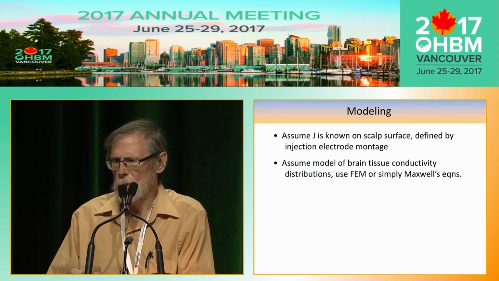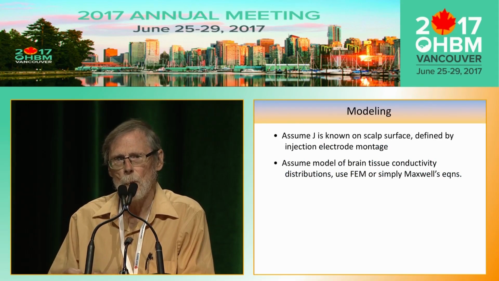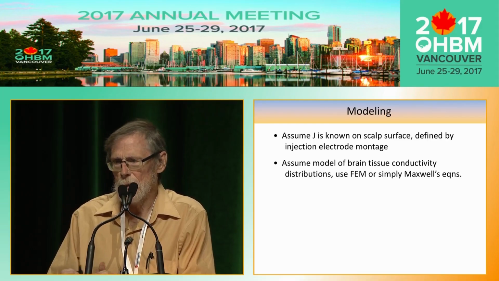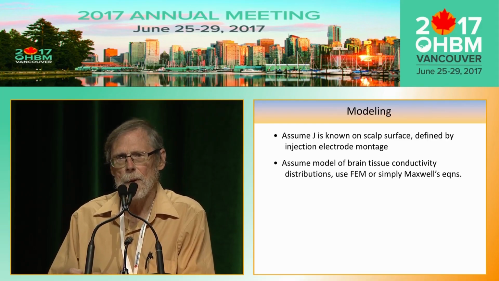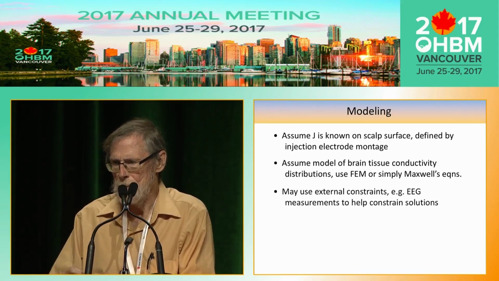But in any case, you assume that the current is known where you injected it because you assume it's going in where your electrodes are, and you assume some kind of a model for the complex conductivity of the brain, and then you apply some kind of inverse solution to figure out where the current actually is going.